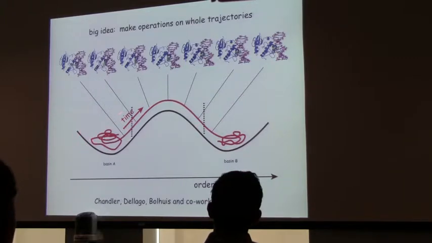So to be able to make operations on a whole chain of states that are leading already from the reactants to the products and maybe relax, for example, what's going on in this transition state region. Okay? And the whole challenge, of course, is figuring out how to do those kind of operations.